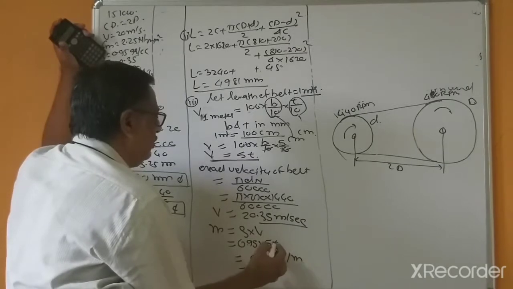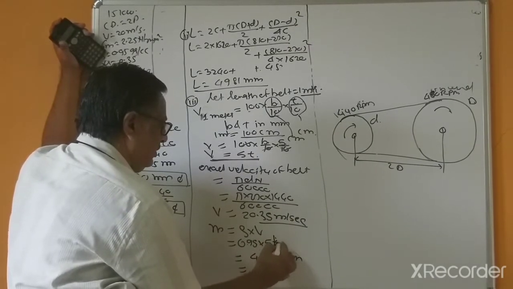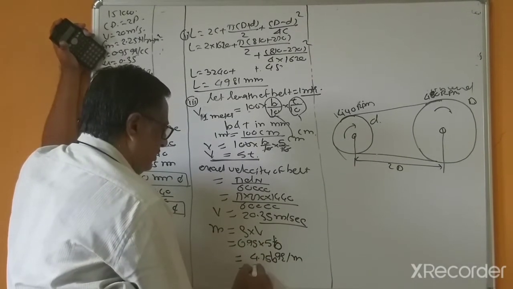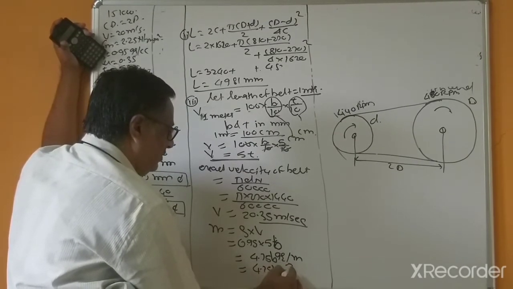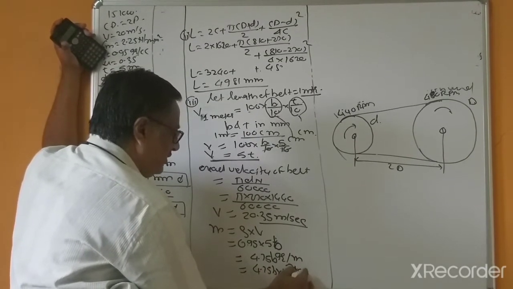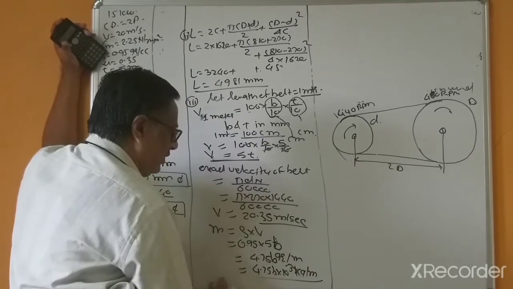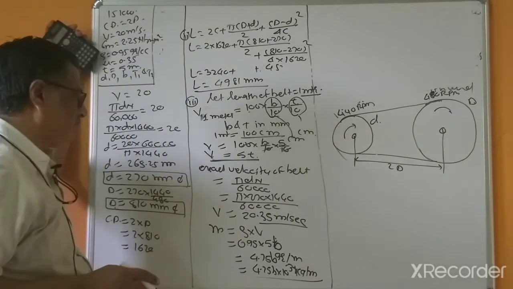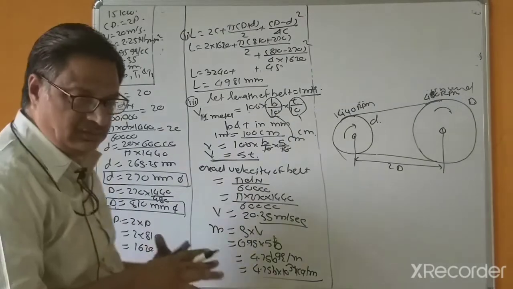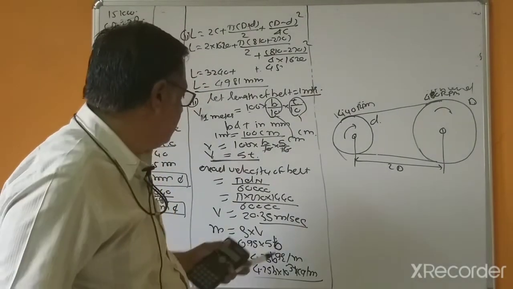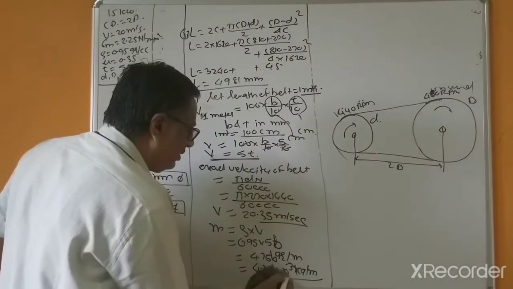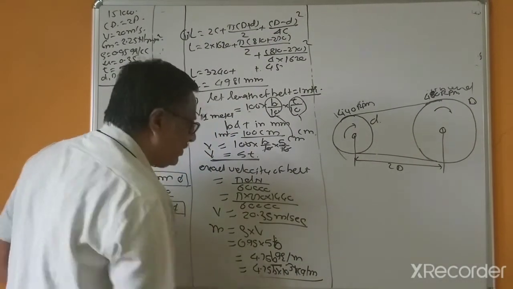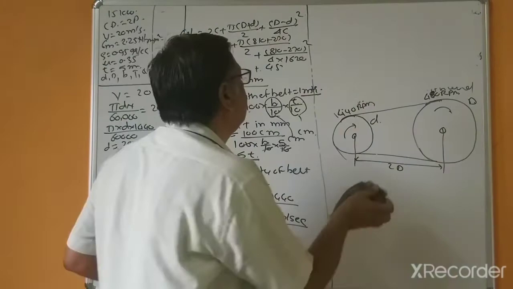This is 5T, 5B, so 4.75 B into 10 to the power minus 3. This is kg per meter. Actually this is related with B, so that value will increase afterward.